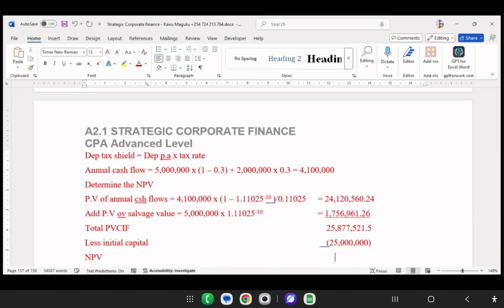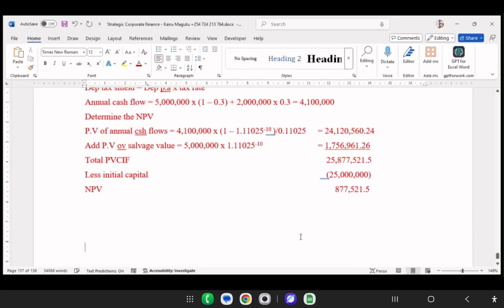This one should be 877,521.5, I think. This is the NPV. That is the first thing, you determine the NPV.